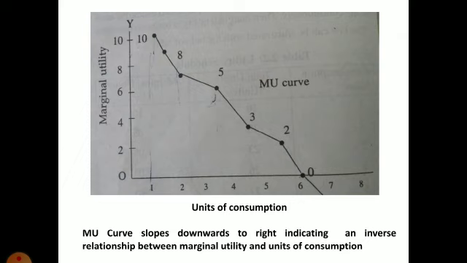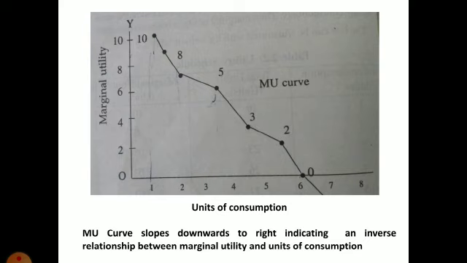Now just look at the graph. The OX axis represents the units of consumption and the Y axis shows the marginal utility. So we have the MU curve, that is the marginal utility curve.